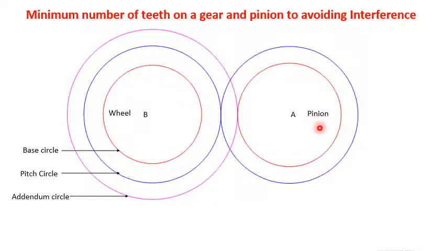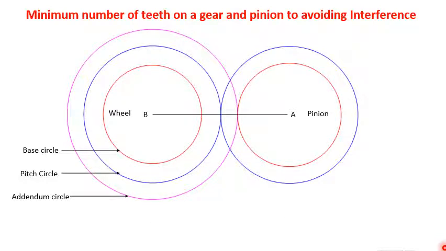Here also in the pinion we have the base circle and pitch circle, whereas the addendum circle is not required for the derivation. But in actual practice, for both wheel and pinion, these three circles should be there. For derivation purposes, for the pinion, the addendum circle is not required. Once we draw the wheel and the pinion, we connect the centers of both.